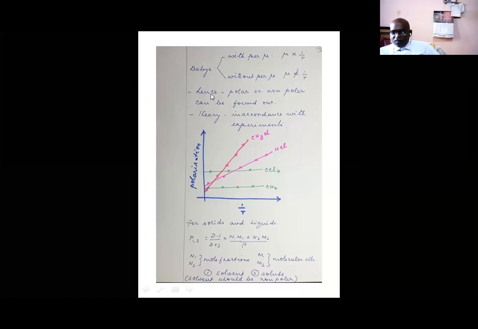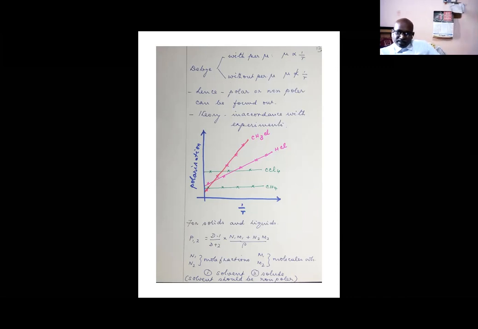Hence, whether a molecule is polar or non-polar can be found out using the theory of Debye. And this theory was found to be in accordance with the experimental data. That is what I have presented in the form of a graph.